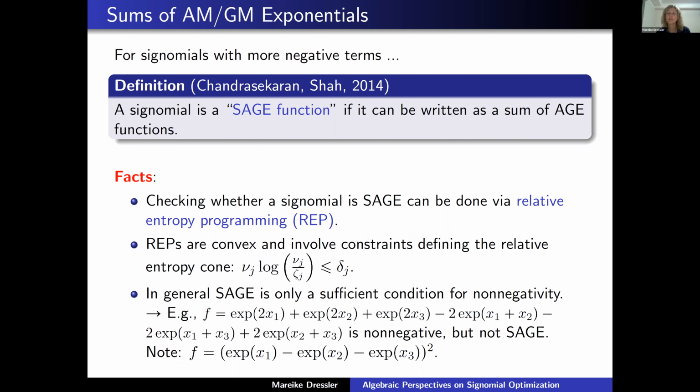Note, however, like for all these approximations, in general, an SH decomposition gives us only a sufficient condition for non-negativity of a Signomial.